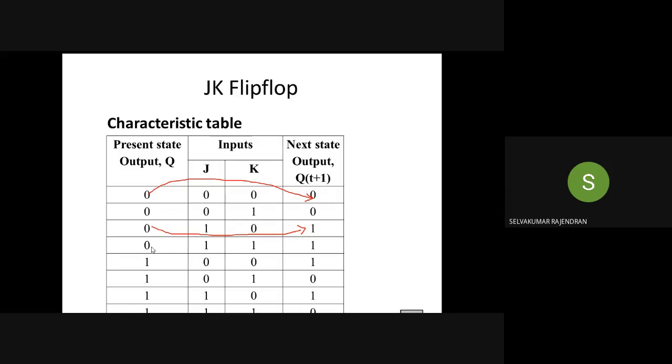When the present state value is 0 and you apply both inputs 1, 1, it goes to the complement of the present state value. The present state value is 0, so it is complemented to logic 1.